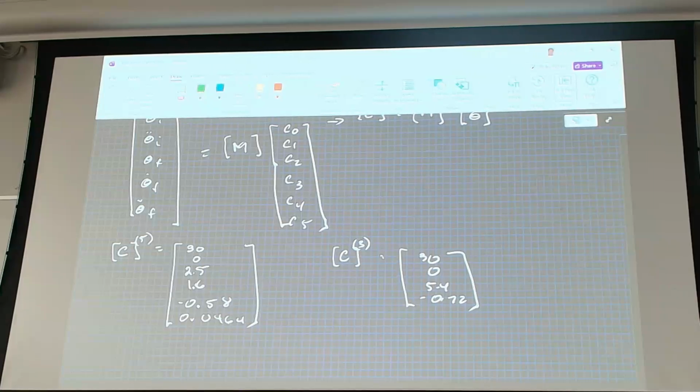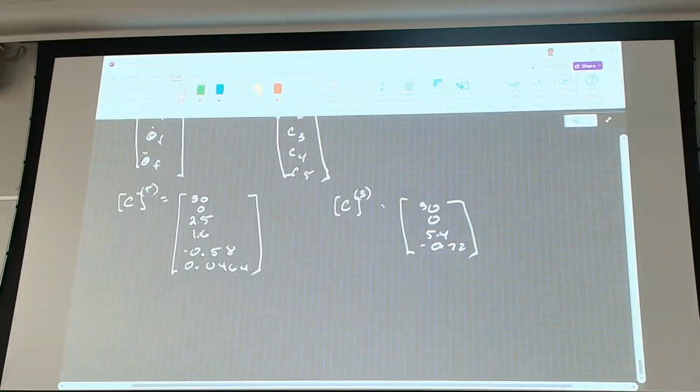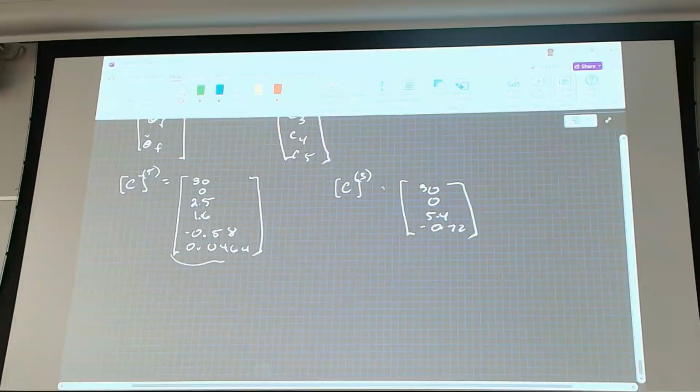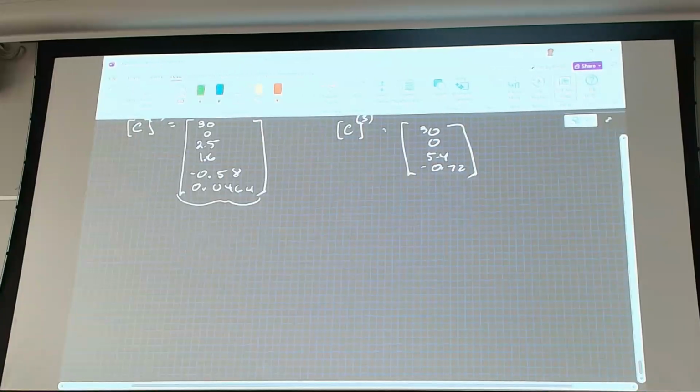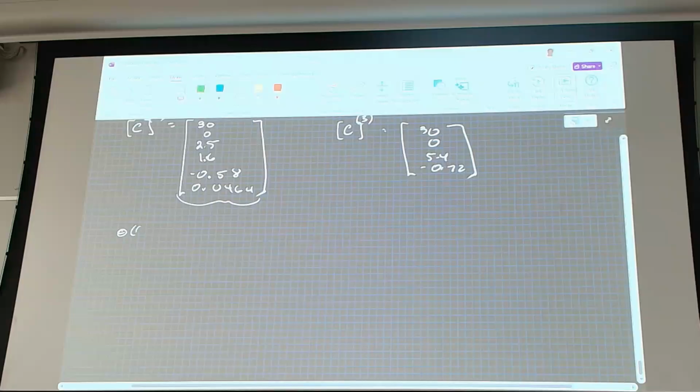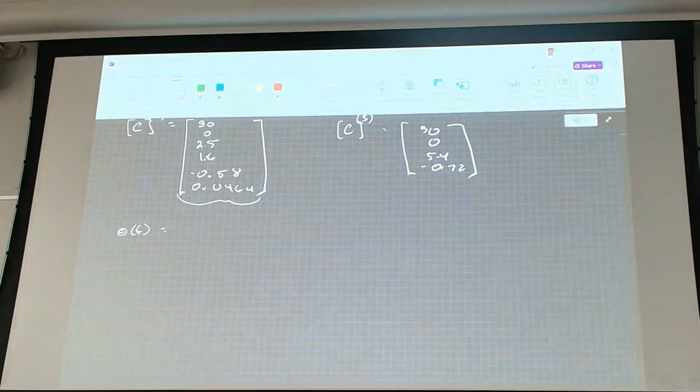And so we see, as we add more, how these changed up, right? These are the coefficients for C's. Again, using these C's right here, we can construct our expression of theta in time.